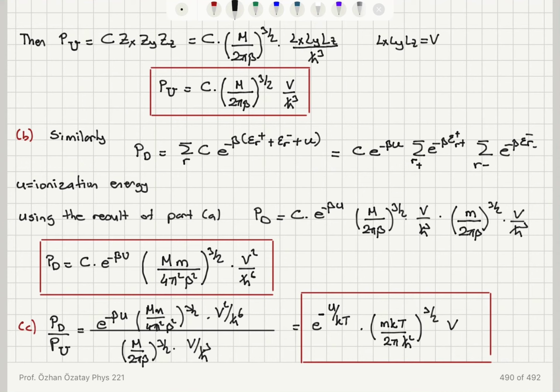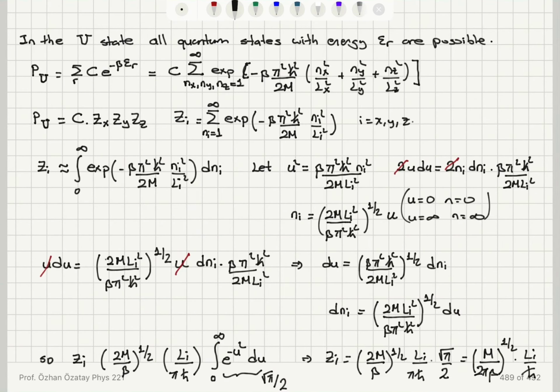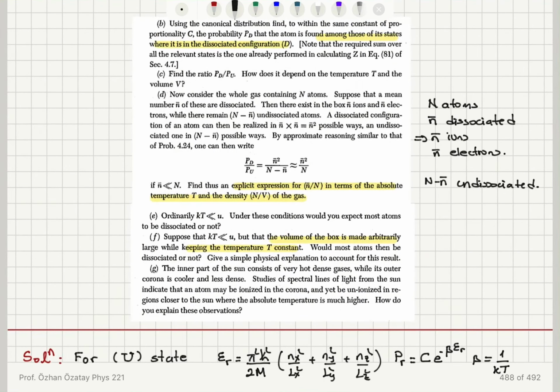So why is that so? Because we have a V squared term in the probability of dissociation. We have both electrons and ions acting independently of each other, so they see the full volume of the system. So it's because of that we have most atoms being dissociated.